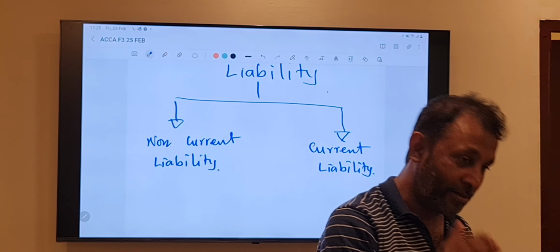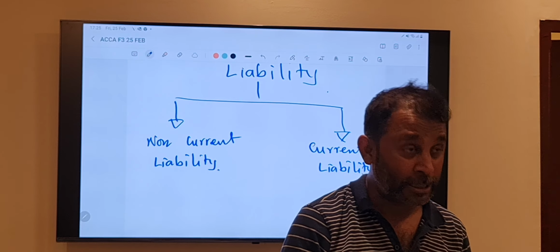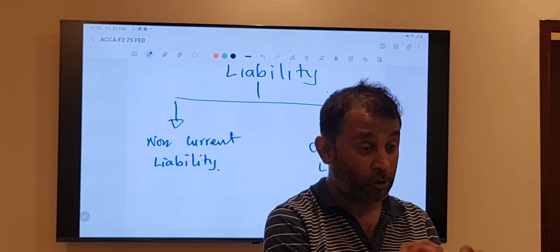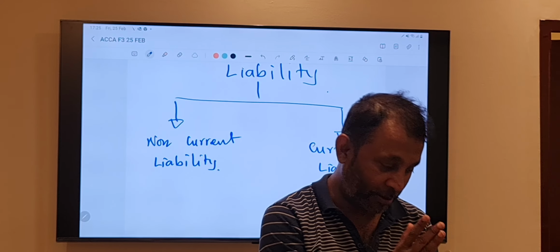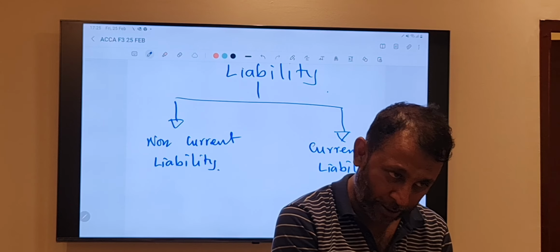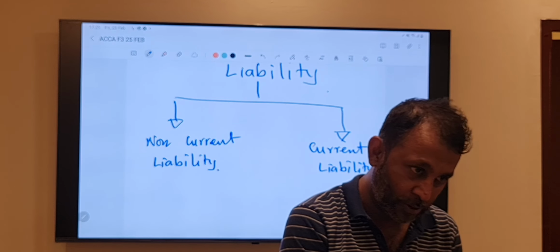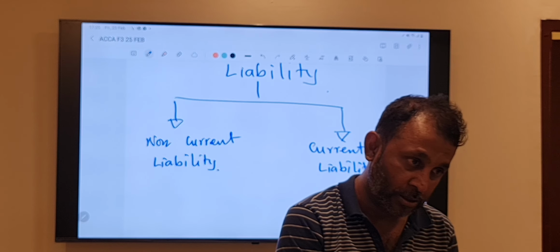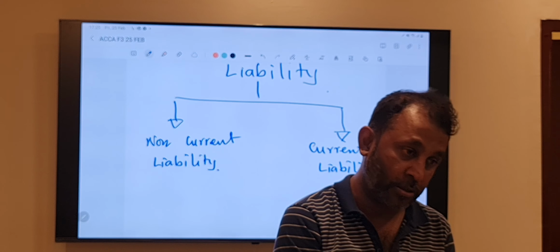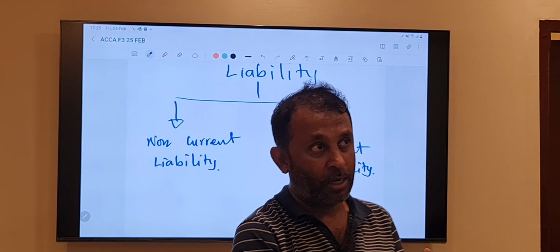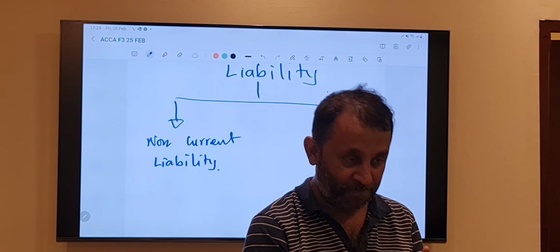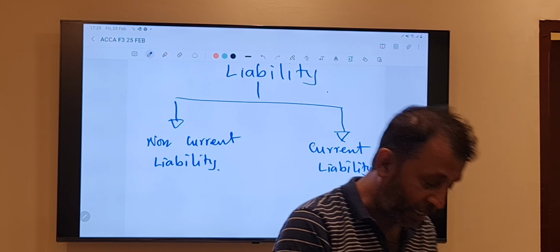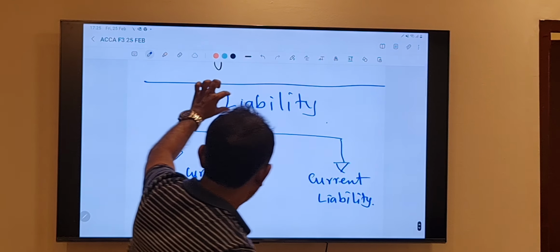Within 2 months. Expenses also? Not expenses, liabilities. It could be because of expense. Now do you understand the meaning of the word liability? Mr. Baha, do you understand this word?